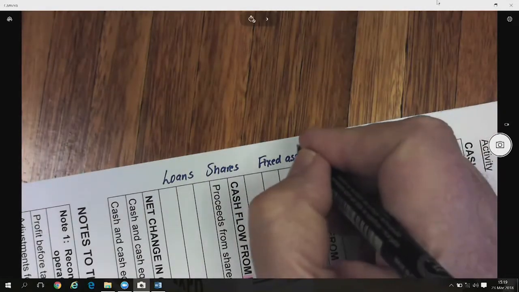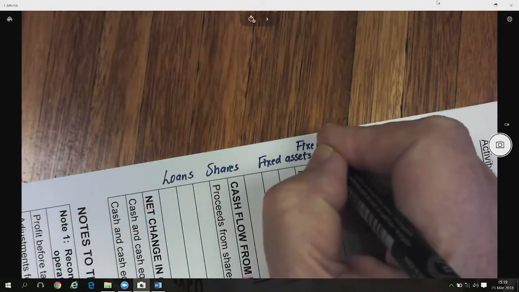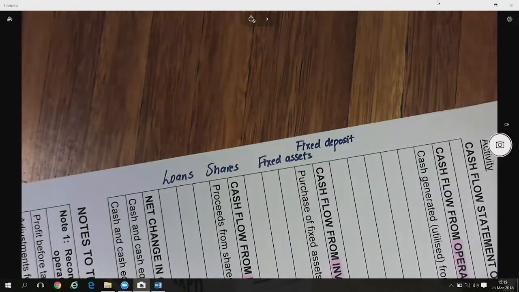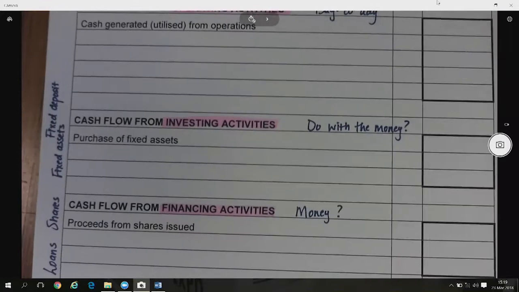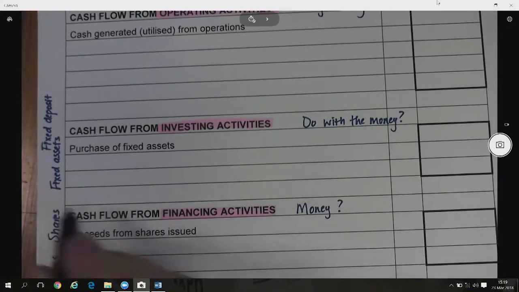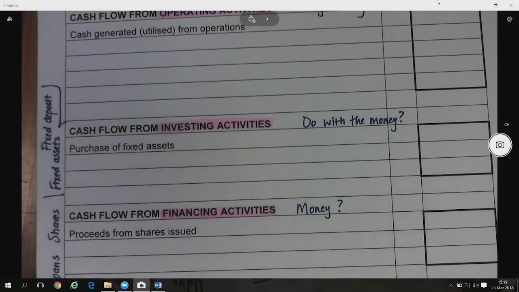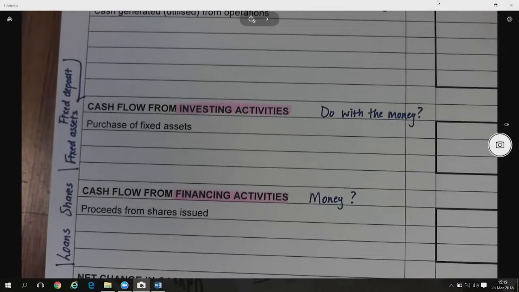And we invest in a fixed deposit. So you can see that the middle part of your cash flow statement is basically fixed. So this is that part there. And this is your part from financing activities.